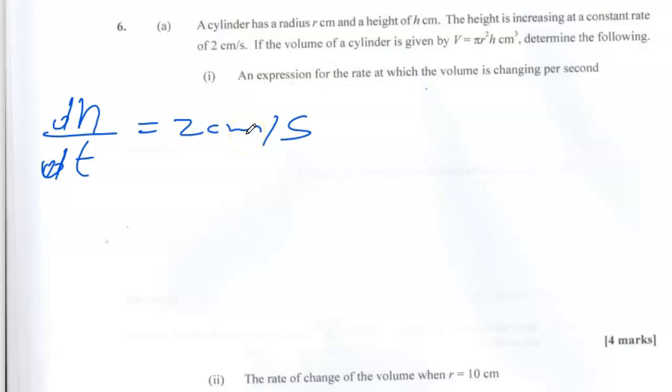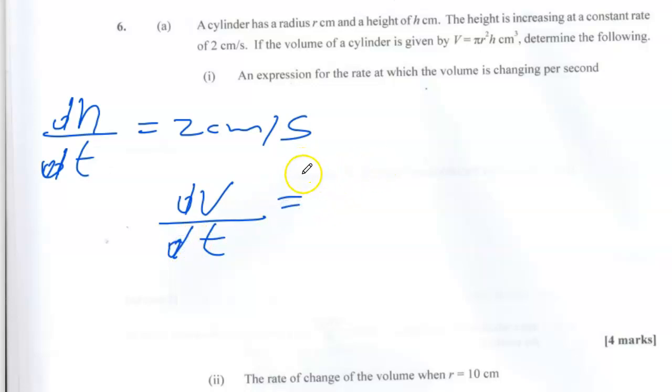So the volume of the cylinder is pi r squared h. Determine the following: an expression for the rate at which the volume is changing per second. So what we're asked to find is the rate of change of the volume, and the rate of change of the volume with respect to time is dv by dt.